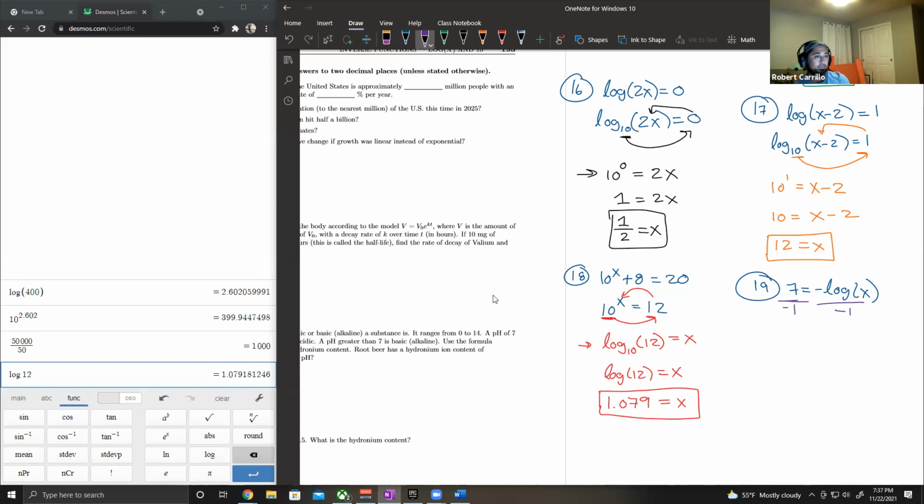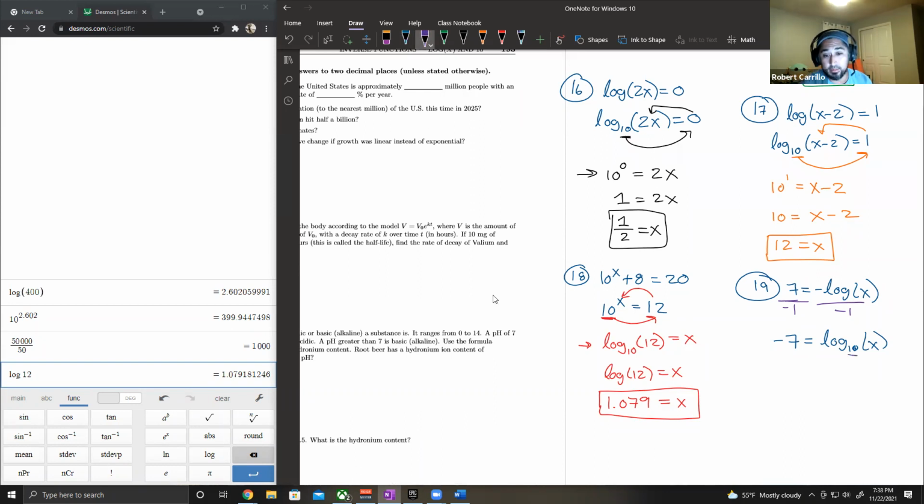And this will give me -7 equal to the positive log of x. But now, to save us a step, I'm going to convert this into log base 10 of x, since it's the common log. And now we will convert from log to exponential.